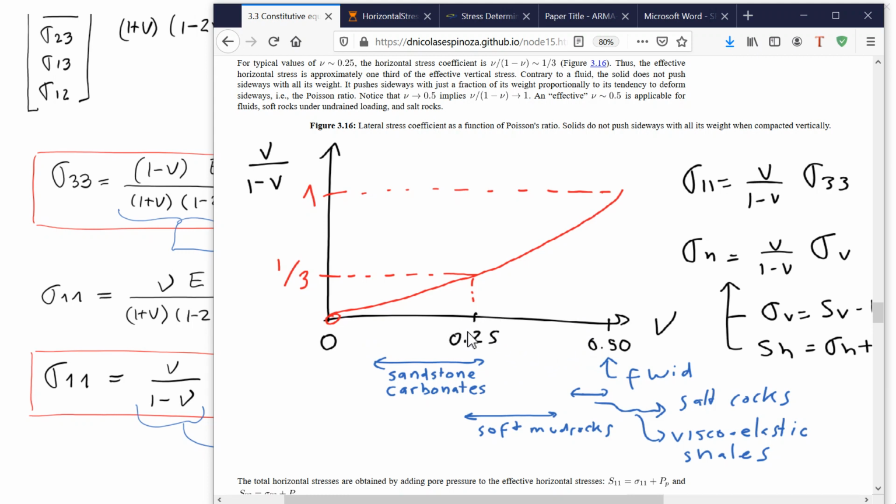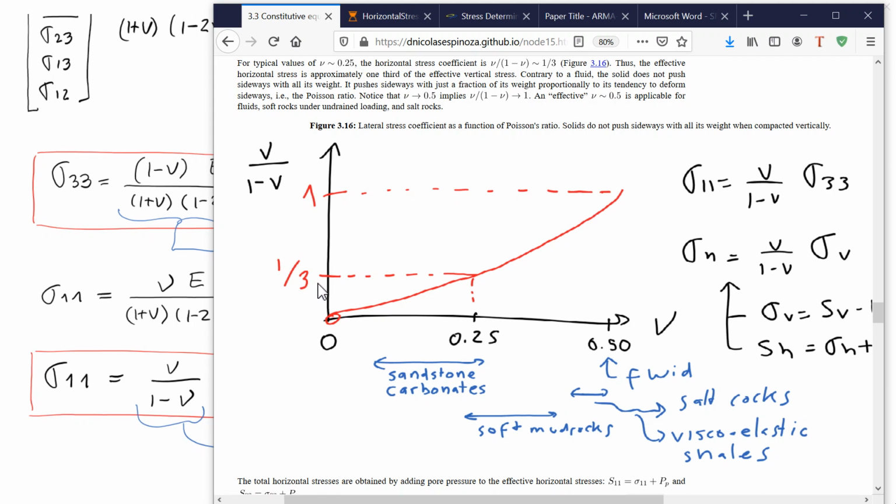For a typical Poisson ratio of 0.25, this is going to be 0.25 divided by 1 minus 0.25, and that's going to be equal to 1 over 3, or 0.333 repeating. So for a typical Poisson ratio, this is telling me that the effective horizontal stress is going to be 1/3 of the effective vertical stress.